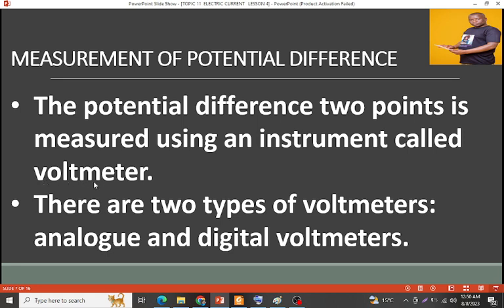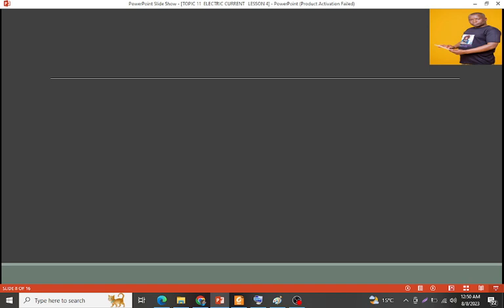Voltmeter is short for voltage meter. So instead of saying voltage meter, you simply say voltmeter. It measures volts or voltage. So voltmeters can be of 2 types: analog as well as digital.